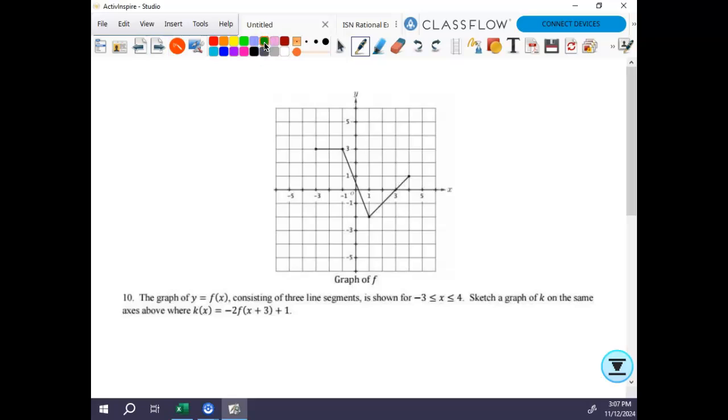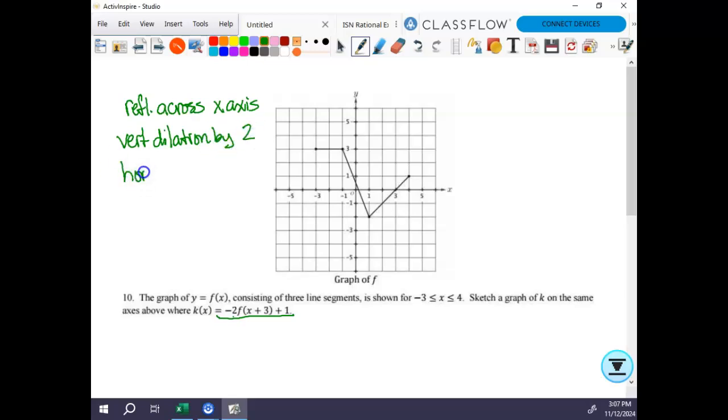All right, so I'm going to write out my transformations here. I'm going to reflect across the x-axis. Then I have a vertical dilation by 2.